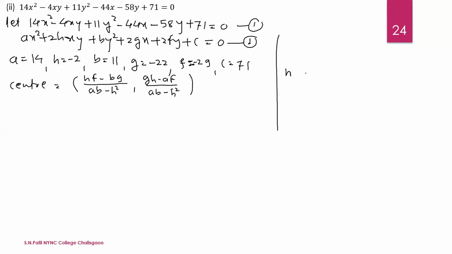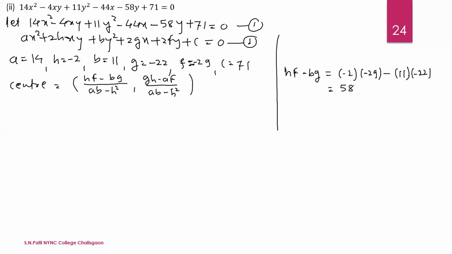h into f minus b into g is equal to, the value of h is minus 2, value of f is minus 29, minus b into g, the value of b is 11, and g is minus 22. Okay, now plus 29 into 2, that is 58.